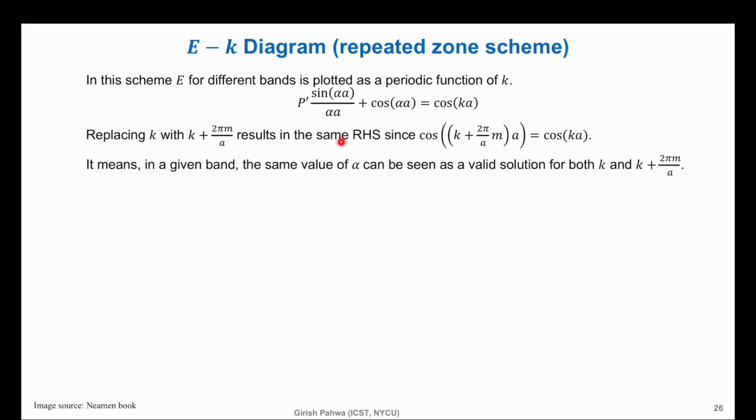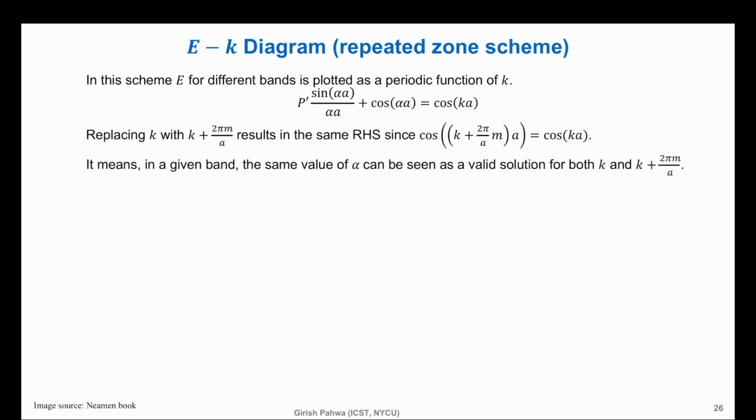Okay, alpha is a function of k. You know that, because when you change k, you change alpha. But k and k plus 2 pi m by a give you the same value of alpha. So I can say that alpha is then a periodic function of k, because I get the same value of the function after a period.